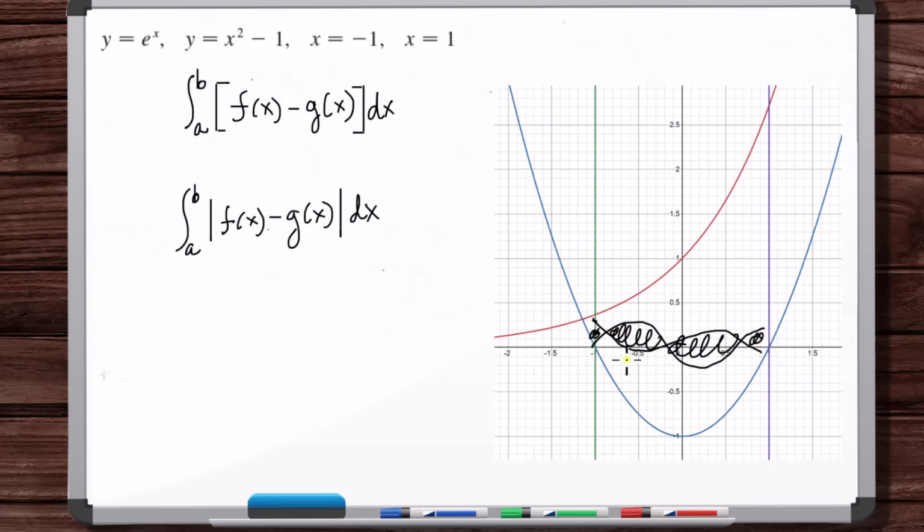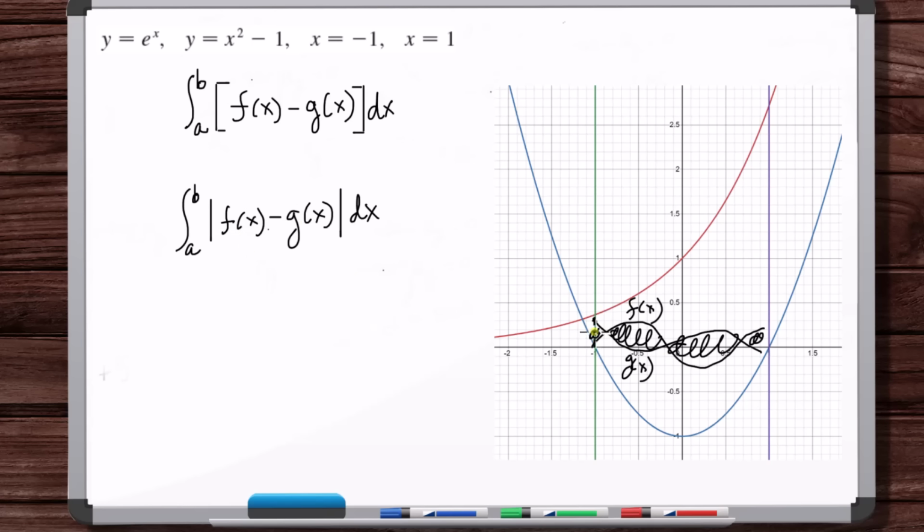If this is g of x and this is f of x, then it's like a piecewise function in that you break this up into these intervals. Here's one interval, here's another interval, here's another interval, here's another interval. And the function is just whatever's the greater function you put first. So for this region, it would be g of x minus f of x.